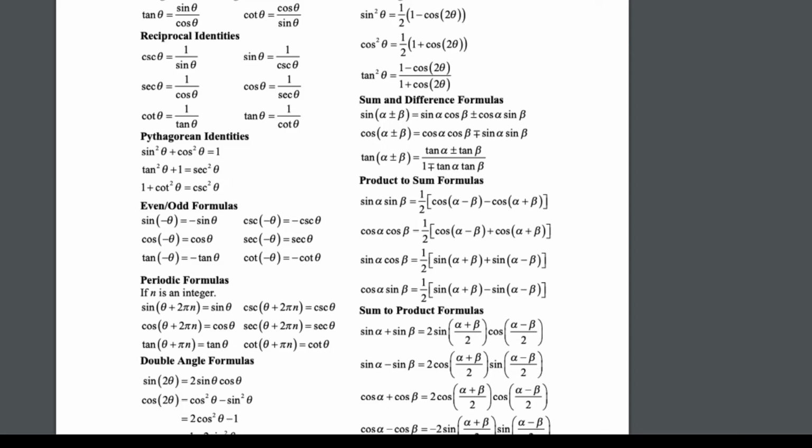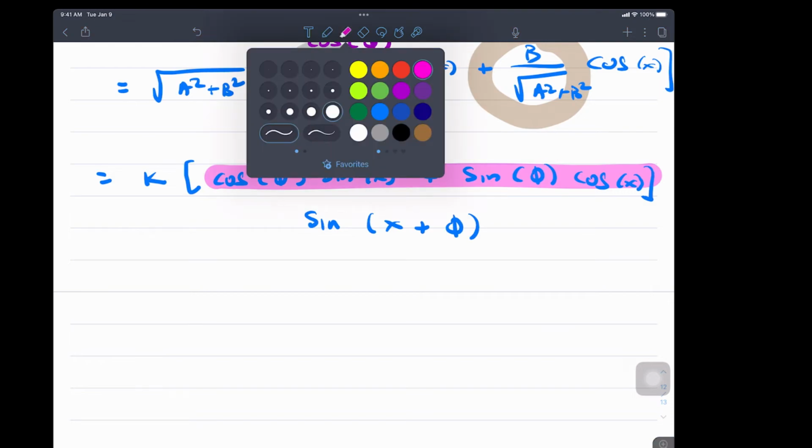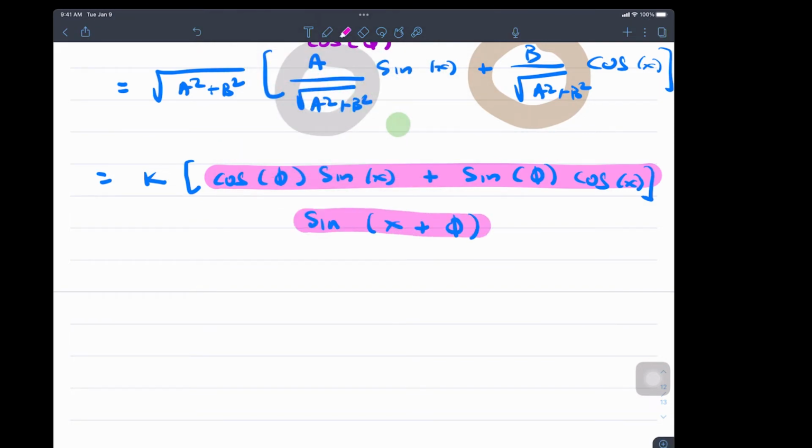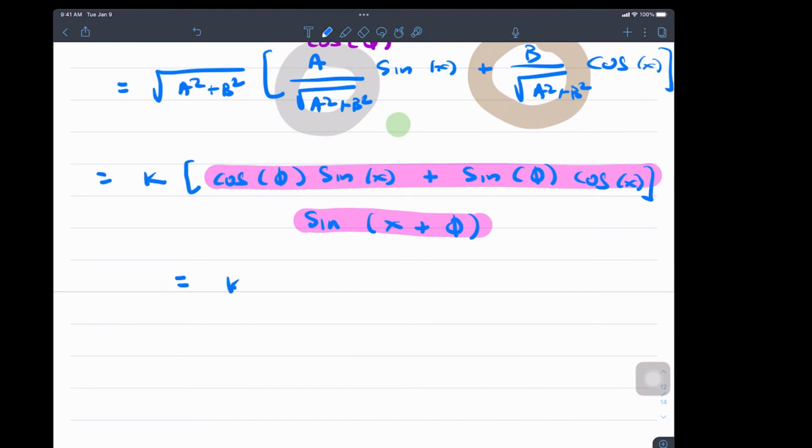You know what that is? That's equal to, I think that's the first one. Is that right? Okay, you guys see, is that the first one on top? So what I'm saying is that this equals k sine x plus phi. And that's what I wanted to prove here.